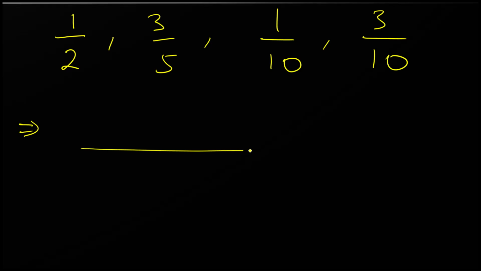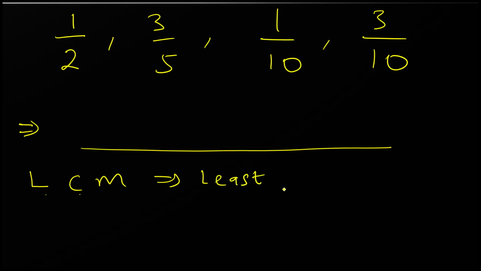You have to find the LCM of the denominators. And we know what is meant by LCM. When we talk about LCM, the L stands for the least, the C for common, then M is multiples.